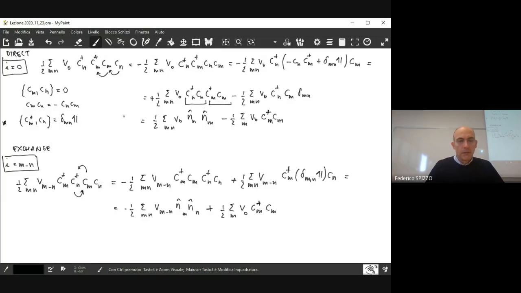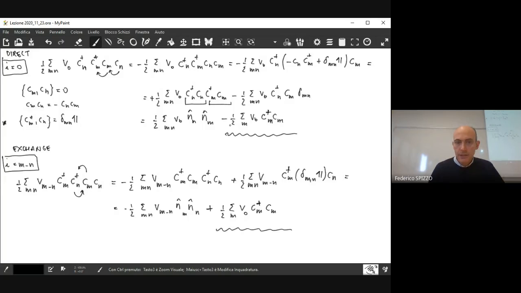If you notice, here we have this result. For the exchange term, we have another result. But at the end, the results coming from the two situations have to be summed together to find the final expression for the energy. So when you sum those terms, you have that this term here and this term here are exactly equal.